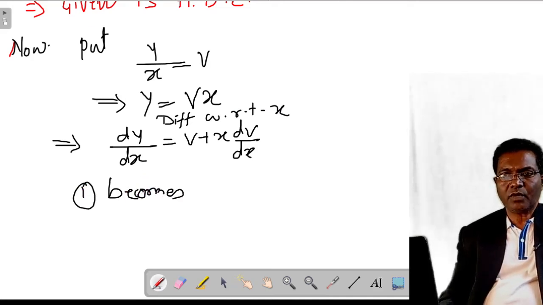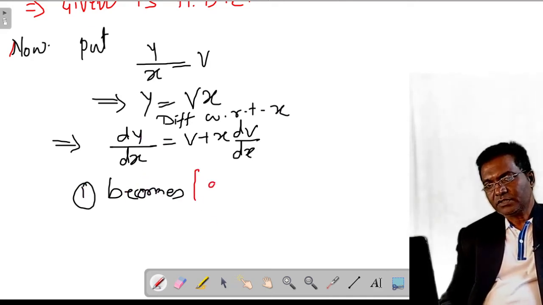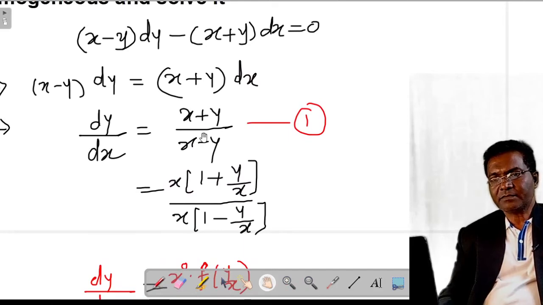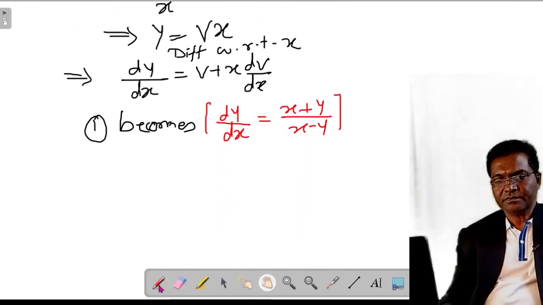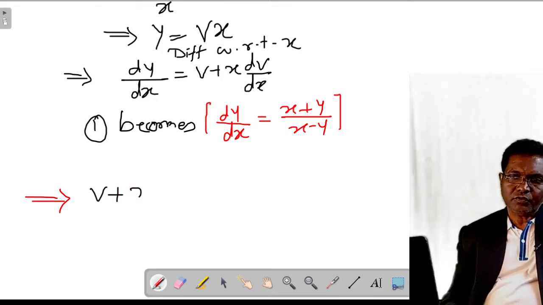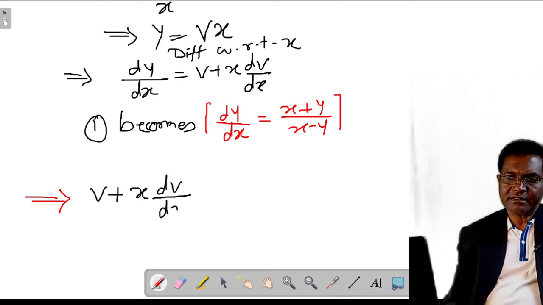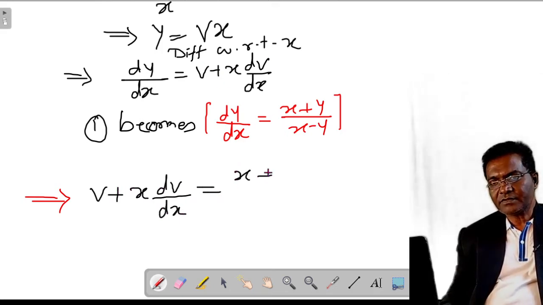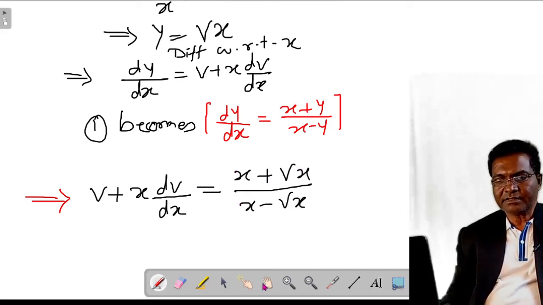Your 1 is dy by dx is equal to (x plus y) by (x minus y). Let me check it. Yes. In this you have to substitute. Your dy by dx means this. So v plus x dv by dx equals x as it is, y means vx, divided by x minus vx.